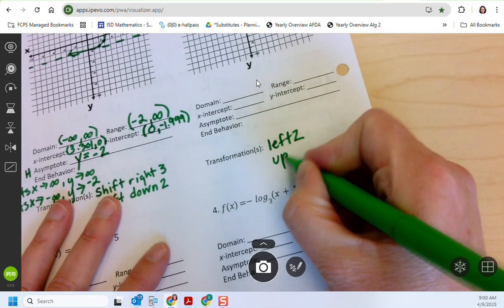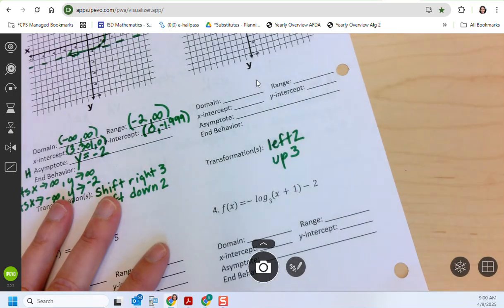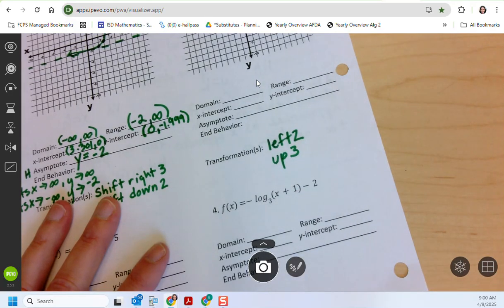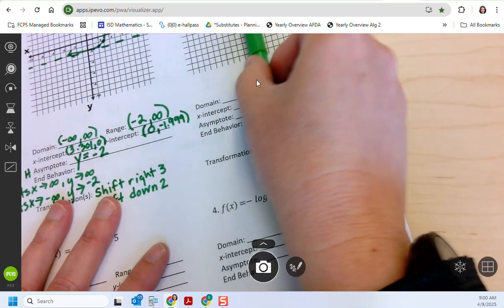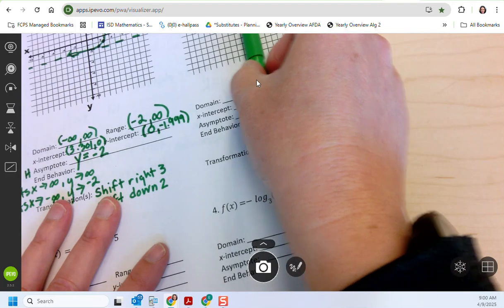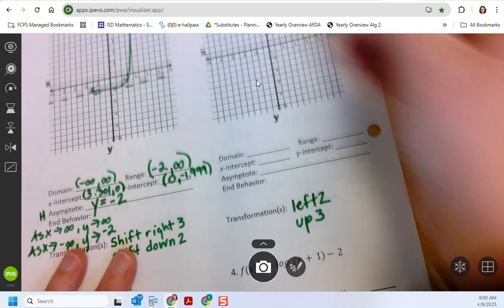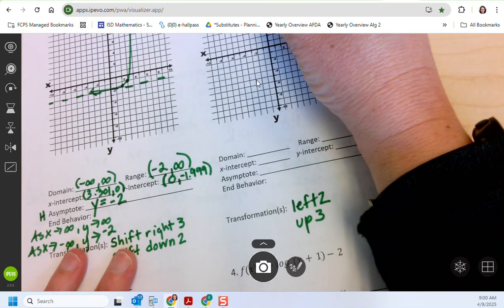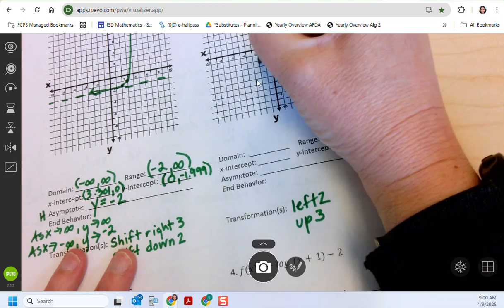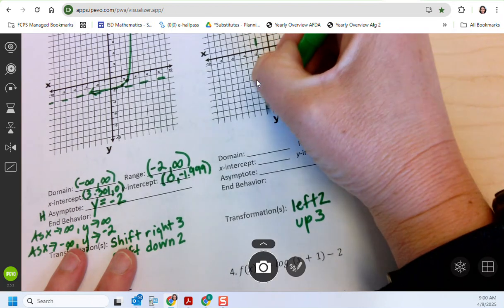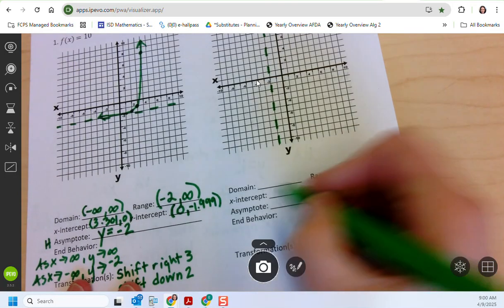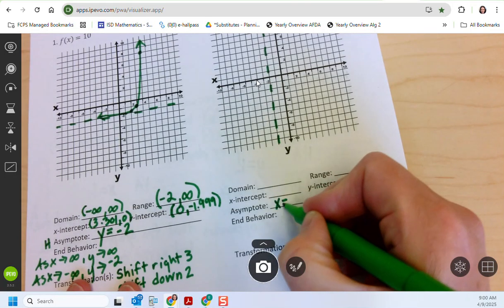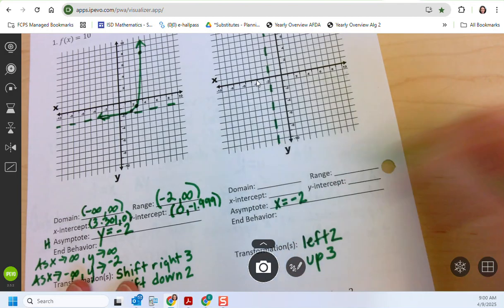Up 3. Your parent function had a vertical asymptote at x equals 0, but it shifted left 2. So you need to move your vertical asymptote left 2. Remember, a logarithm has a vertical asymptote. When we move it left 2, it ends up at x equals -2.